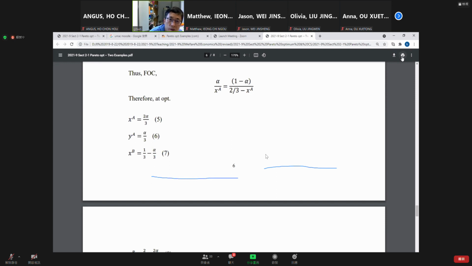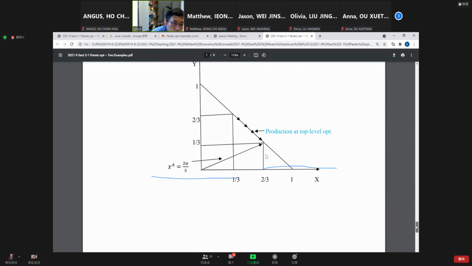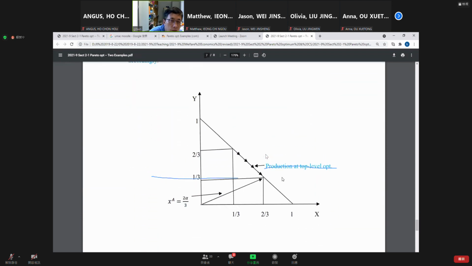Now if we turn this discussion into the graph, into the figure, this is quite an interesting figure. Let's spend a little bit more time on this one. This is our final result.